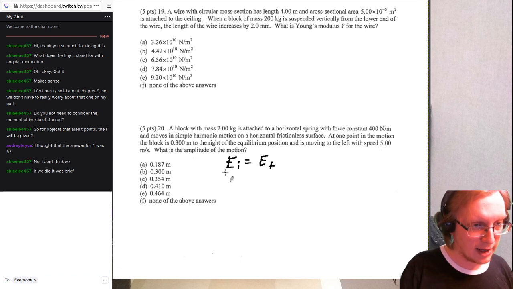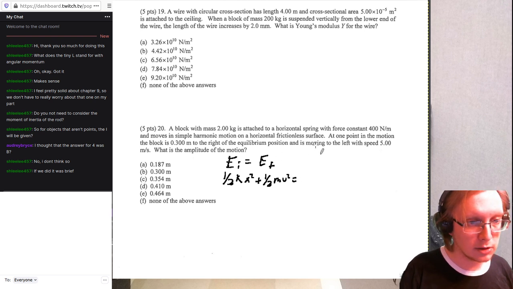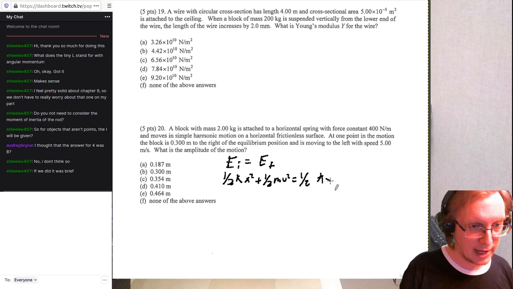Energy initial is the potential, 1/2 kx squared, plus the kinetic energy, 1/2 mv squared, equal to our energy final, which at the amplitude is all potential energy, 1/2 kx squared.